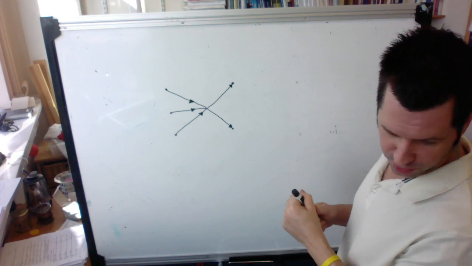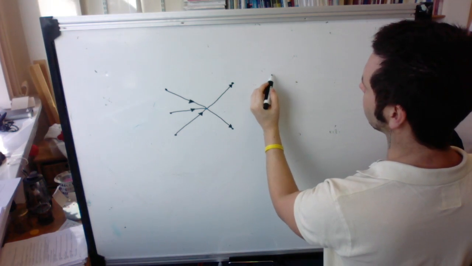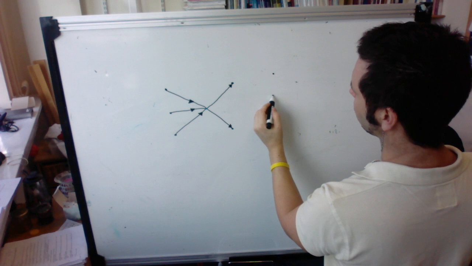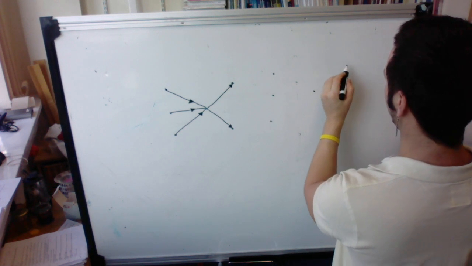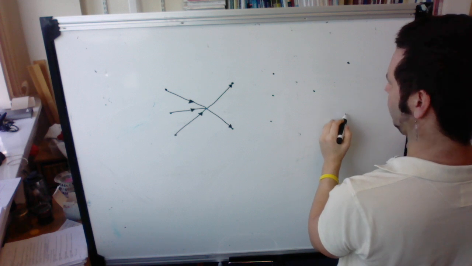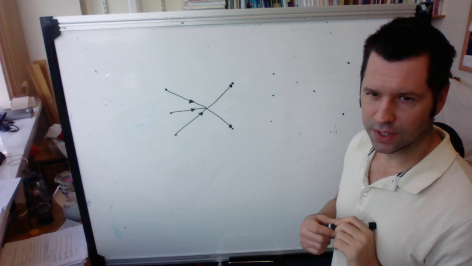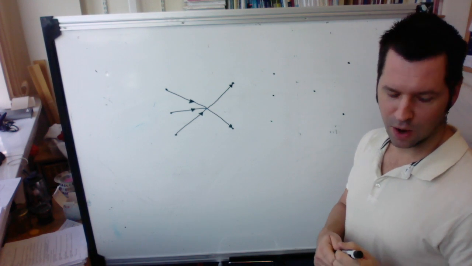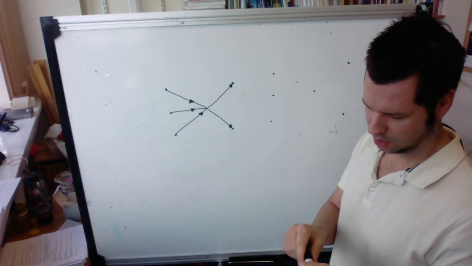So I'm going to try to draw the same nodes again. So 1, 2, 3, and a center node, and these two. So those are theoretically the same nodes again. But now I'm going to draw the edges in a different way using curves.